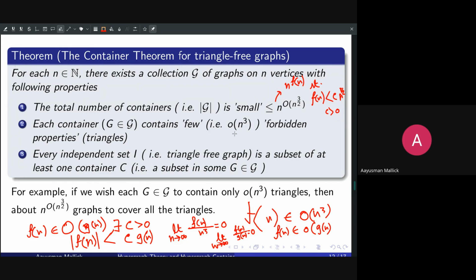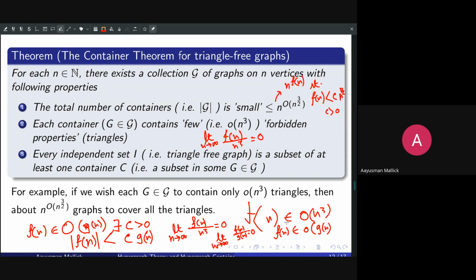And here it denotes that each of the containers contains f(n) many triangles, where the function f(n) satisfies f(n) by n cubed tends to 0.